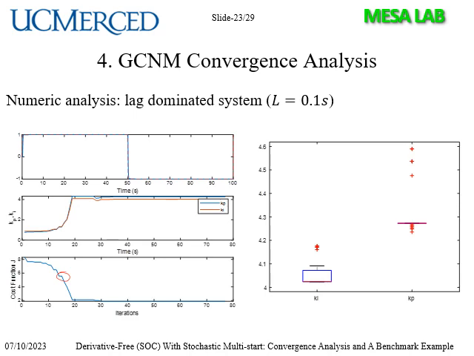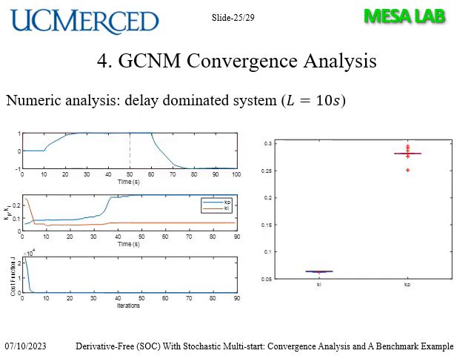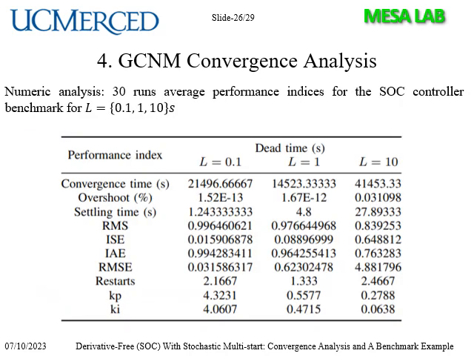As you can see here as an example, the globalized constrained Nelder-Mead is able to converge to the desired condition in around 40 iterations. And the same result repeats for 1 and for 10. This is 30 runs for each. So our controller is able to converge in a reasonable time.